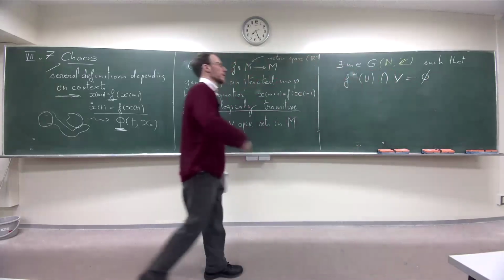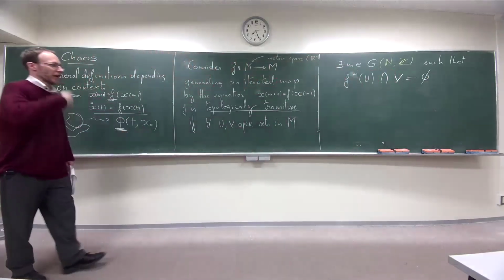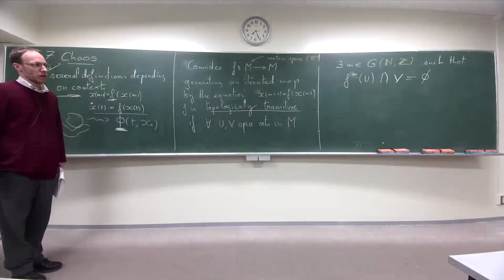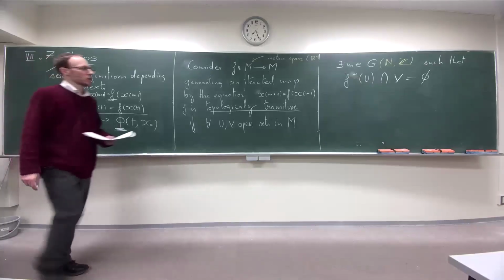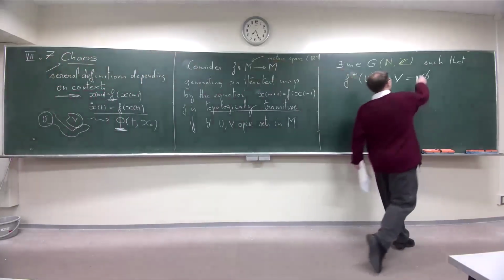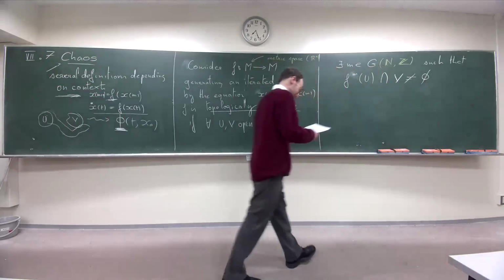We iterate, we apply f m times to U, and at one point it should have a non-empty intersection. This is a notion of topological mixing.